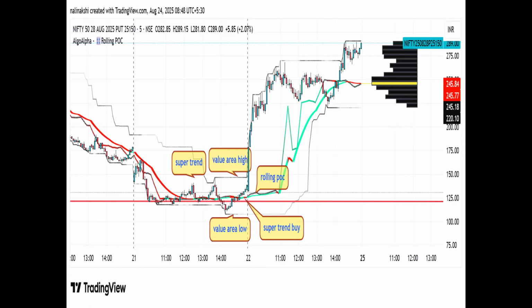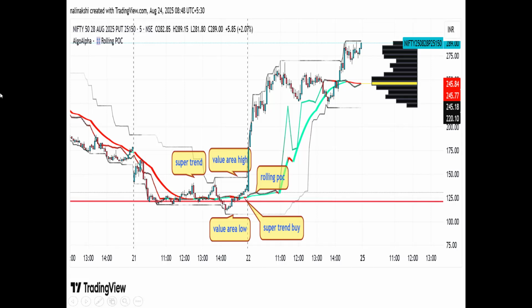You can utilize the POC for writing also. Retail traders with little money opt for option buying for huge profits, but in that process they tend to make mistakes and lose money. So with this combination of volume profile and Supertrend, you can be in the proper trade.